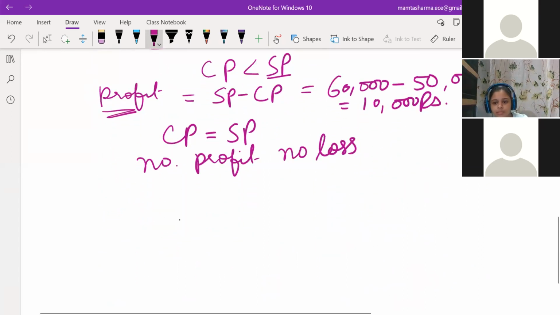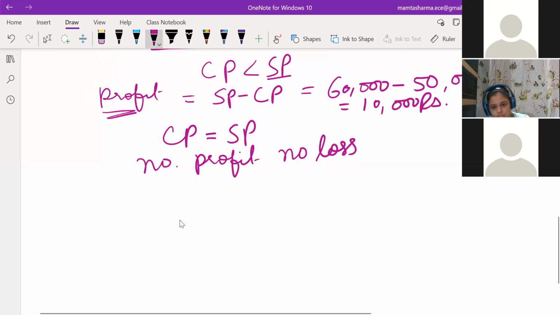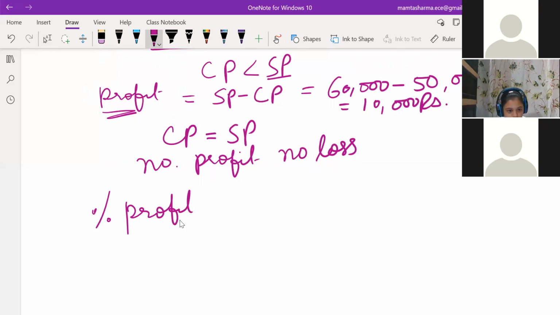Yes. Okay. Now see, how would you calculate the percentage of profit and percentage of loss? Percentage of profit and percentage of loss are always calculated with respect to the cost price only.